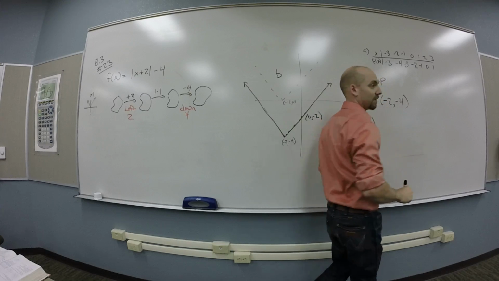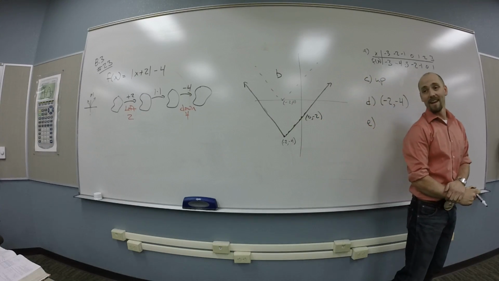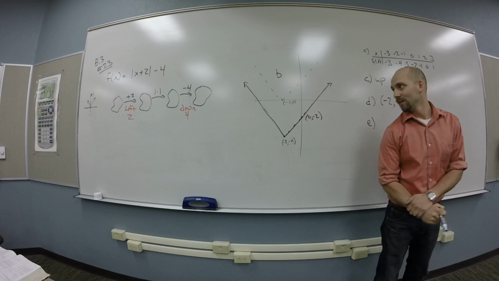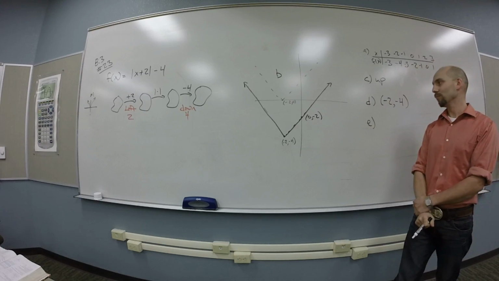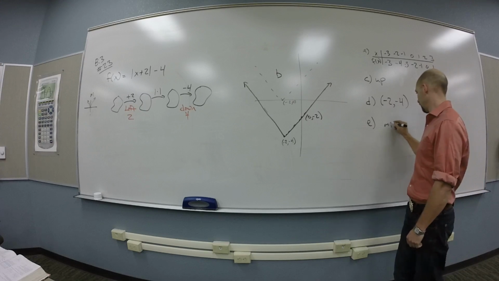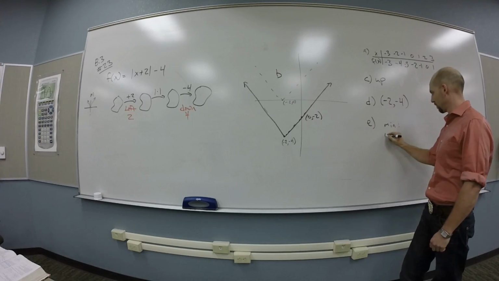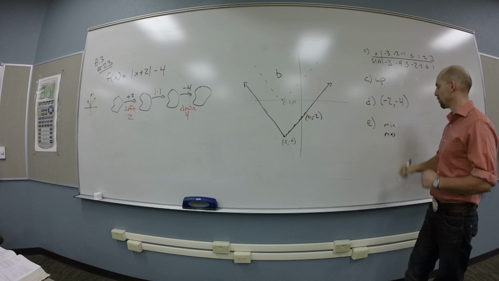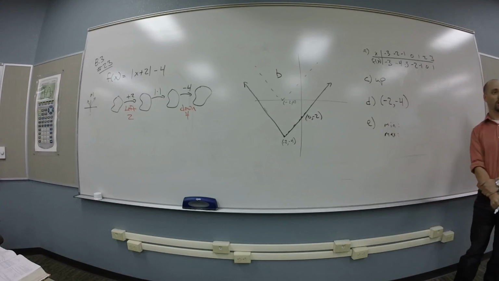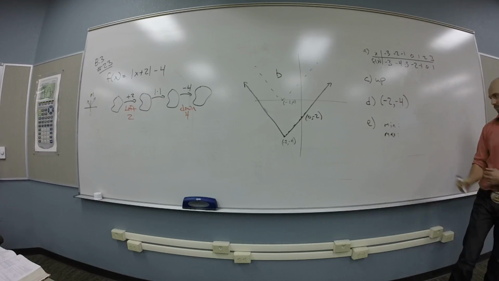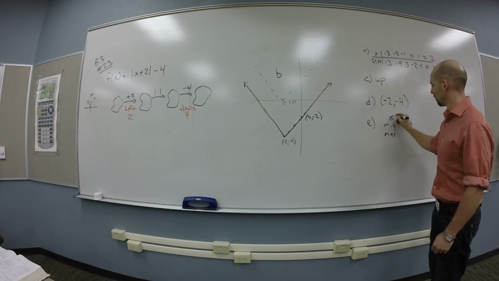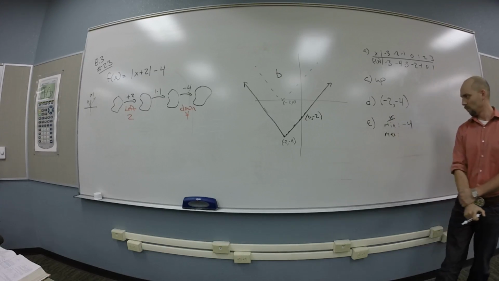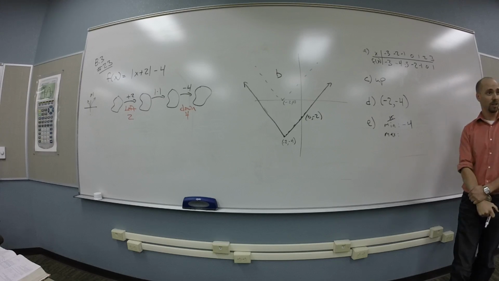Okay, what's E say? Minimum or maximum y value. What's the minimum or maximum? The lowest or the highest. So what's the minimum y value? Negative 4. So y minimum is -4, and y maximum is infinity.